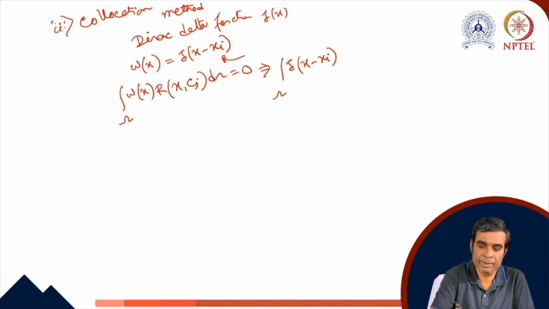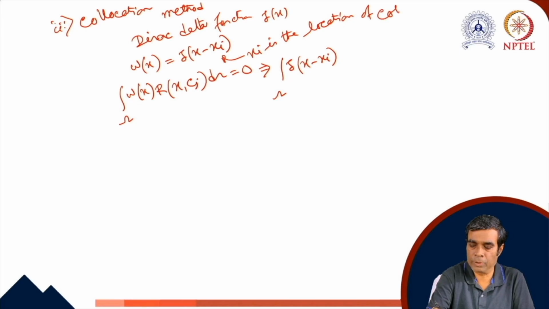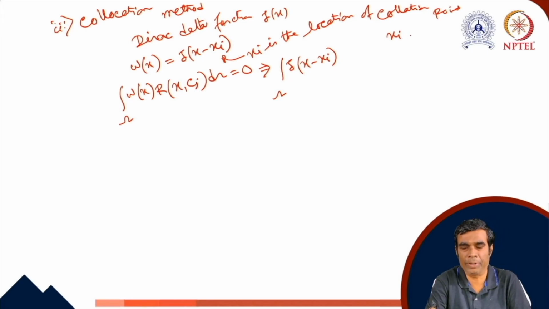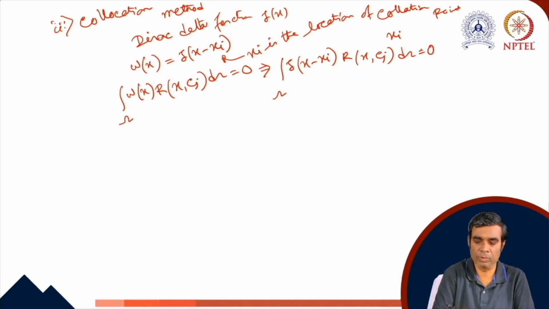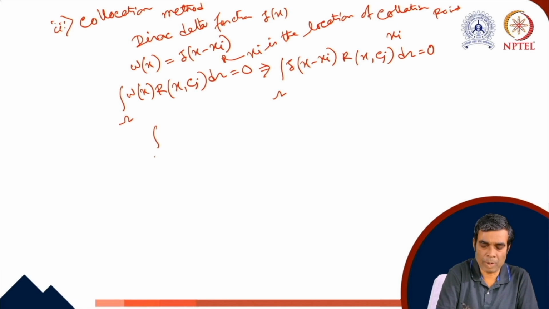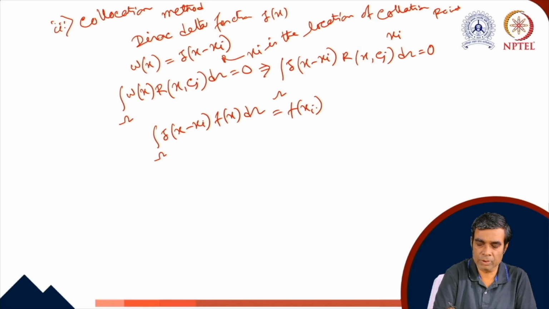Here xi represents the location of the collocation point, which is a constant collocation point. So xi, we just take as a point within the domain. Now this Dirac delta function has the property that the integration over omega of delta of x minus xi f(x) d omega equals f of xi.